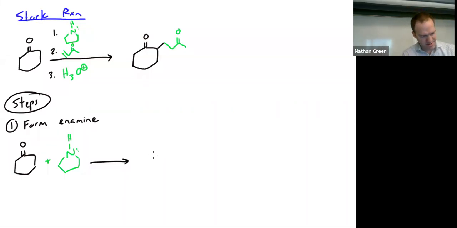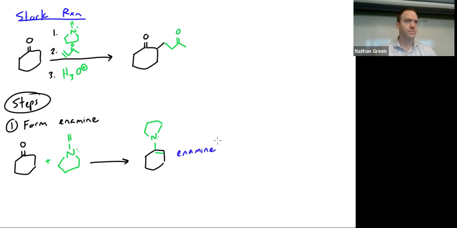Yes, you know what it looks like because you have it in your notes. That's where the cyclohexanone is going to turn into an enamine. The amine here is bound up in a ring. Just make sure you conserve that. Step 1, make an enamine.